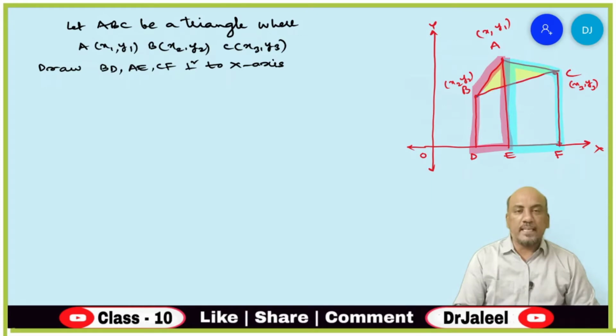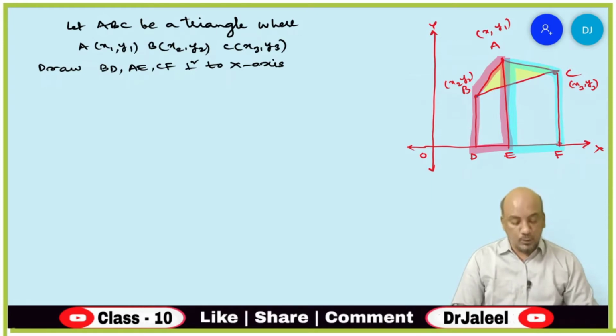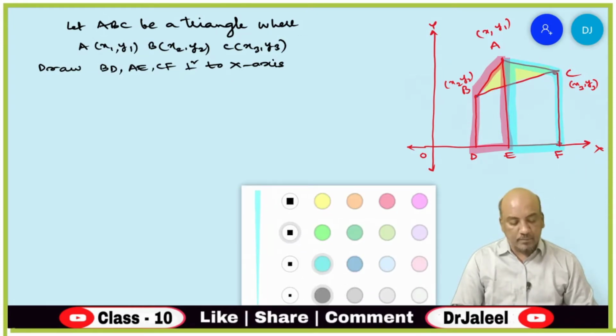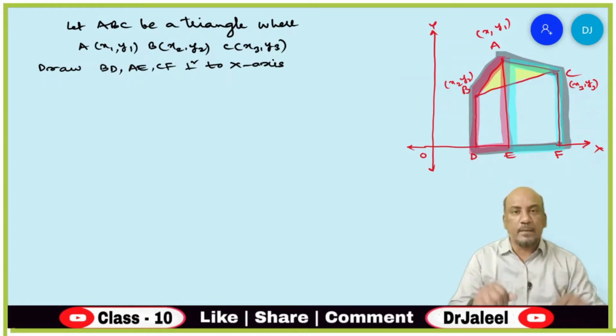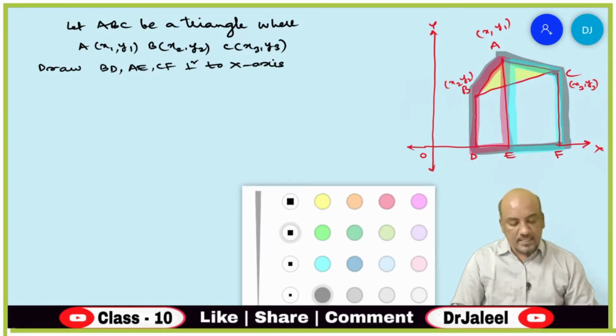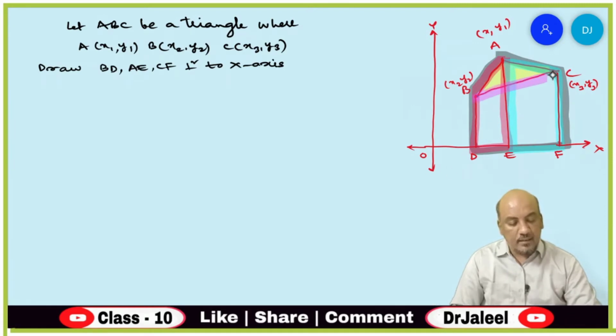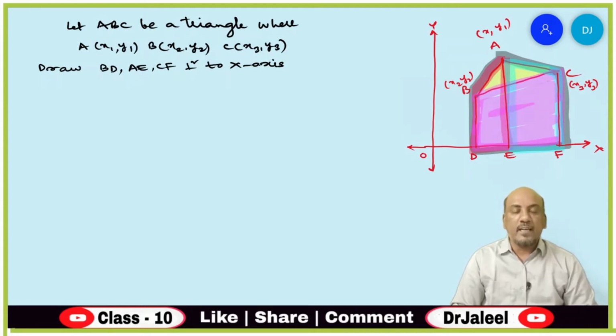If we add the area of these two trapeziums, you will get the complete area, this total figure area, right? So adding these two trapezium areas, you will get the complete area. And then from this complete area, suppose I take this trapezium again.